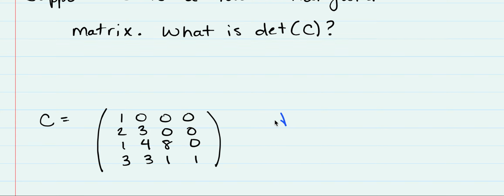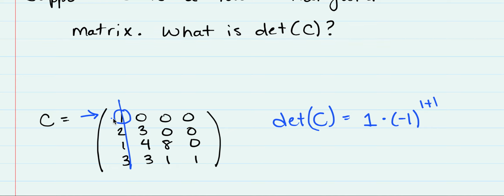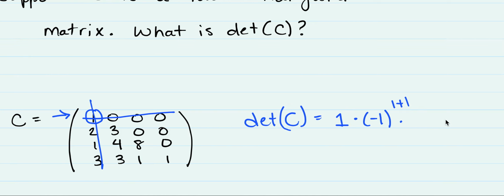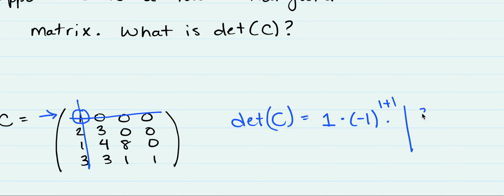So to find the determinant of such a matrix, go along this row. So this is going to be 1 times negative 1 to the 1 plus 1, because it's the 1,1 entry. And then we cross out this row and this column, and then we're going to multiply by the determinant of another lower triangular matrix. Again, these straight lines mean take the determinant.